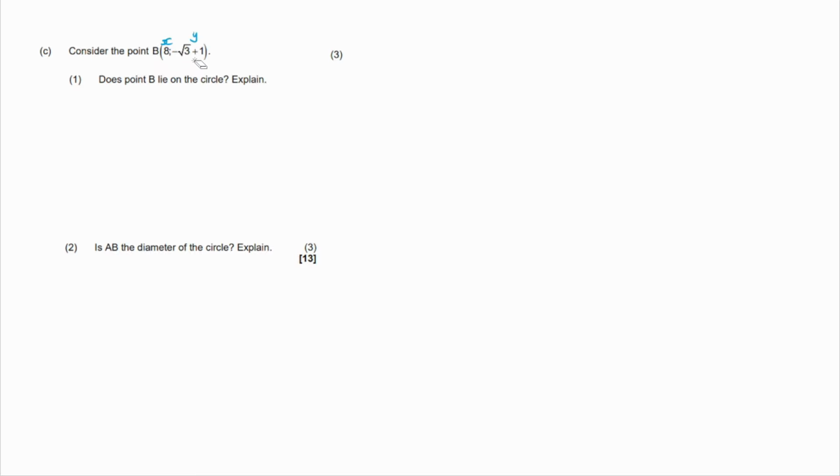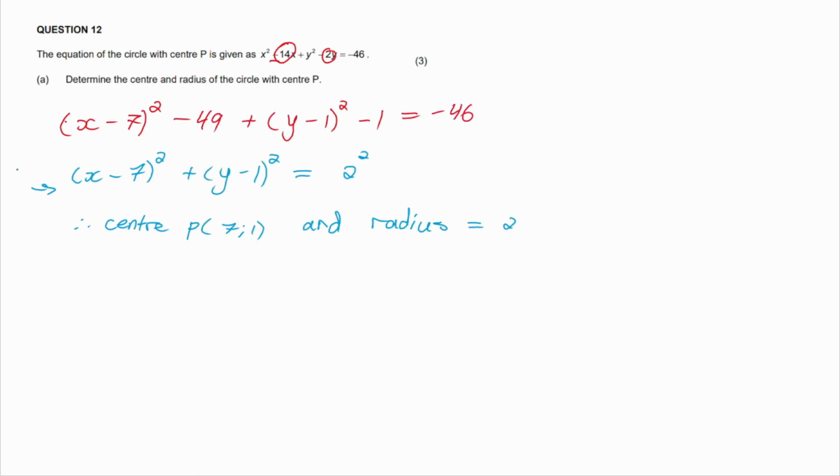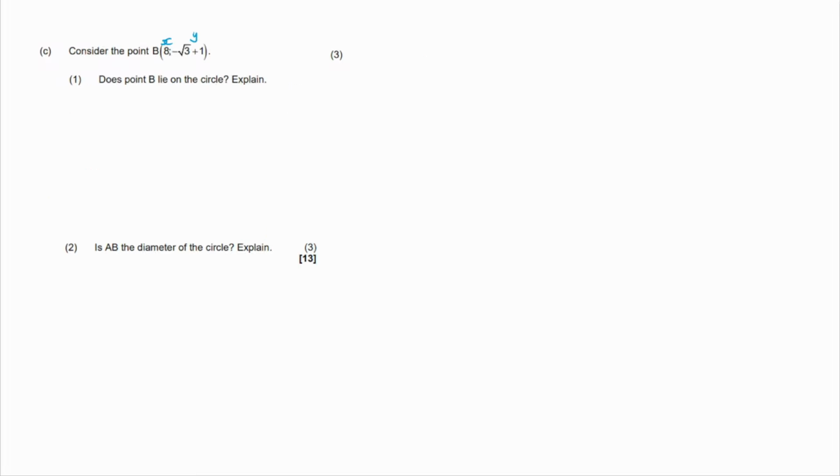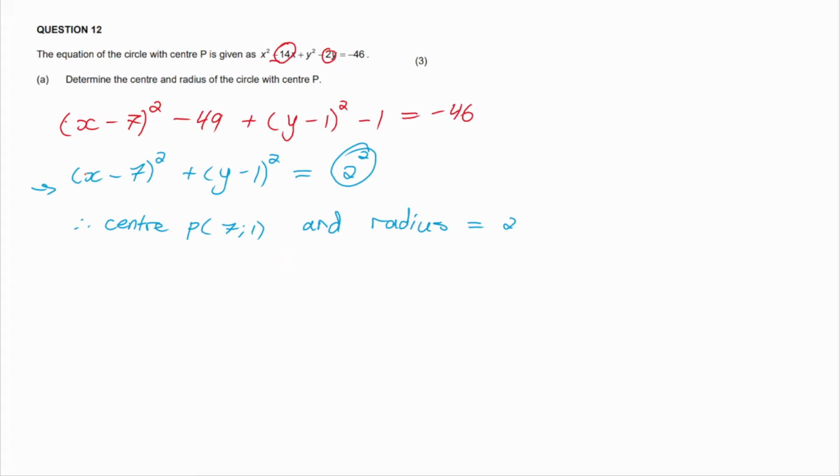If I substitute an x and a y in here, what am I expecting? I'm expecting 4. If that is not true, the point will not lie on the circle. So I literally just substitute this in. I'm going to get 8 minus 7 squared, because we're using this equation of the circle.